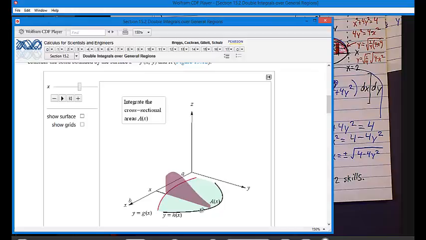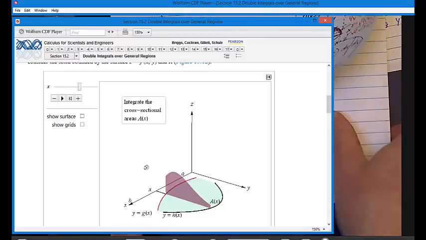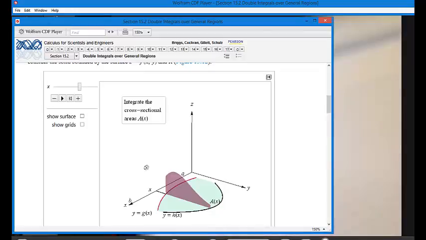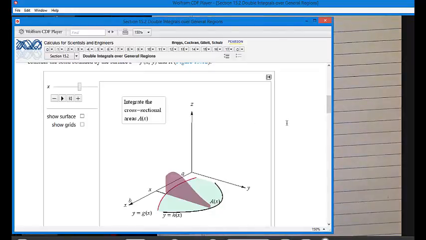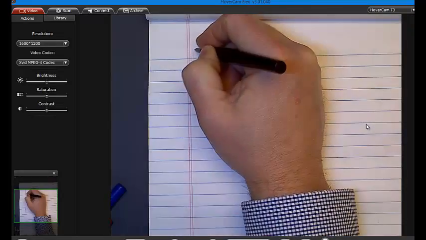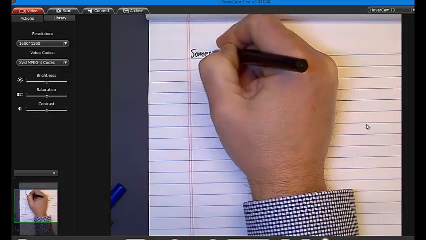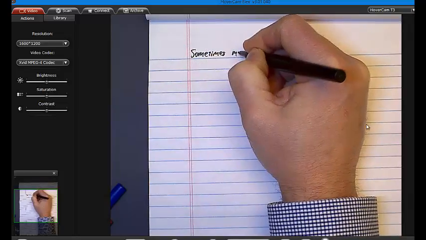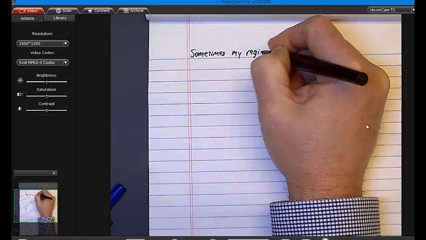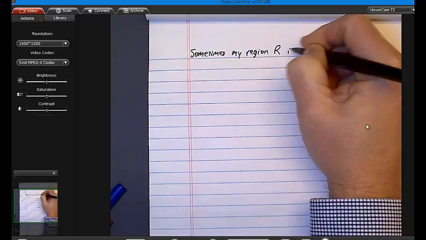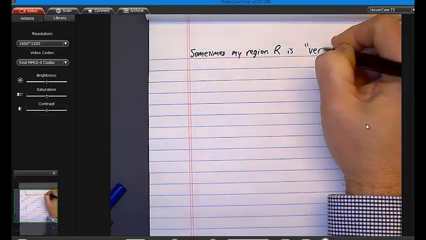I would call this region vertically simple. Okay? So maybe I'll give you a definition or two for that. Sometimes my region R is vertically simple.